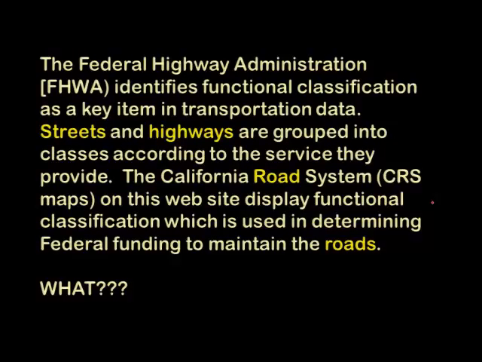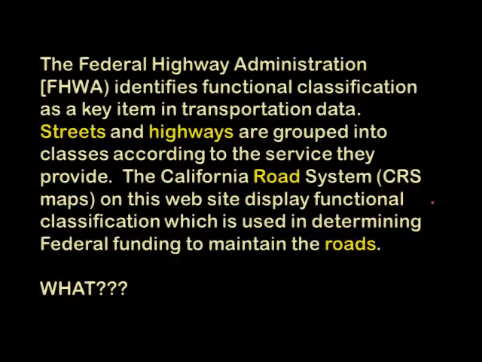This is right out of a Federal Highway Administration document, so you can get it on the web on functional classification. And I want to emphasize the highlighted yellow words. They talk about streets and highways are grouped into these classes. But then, this is off the California Caltrans website.